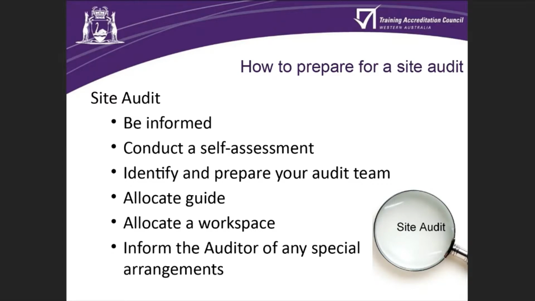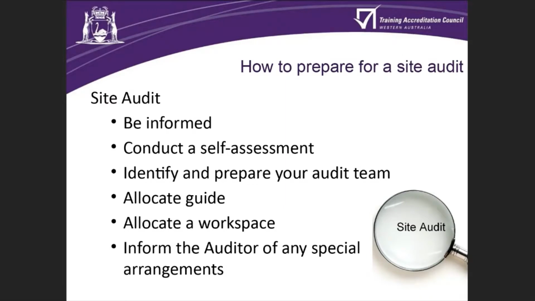Obviously, once a site audit has been scheduled, you need to decide on who you are going to get involved with that particular audit process. You need to identify the team that is going to help you run the audit. The first thing is to identify an individual who's going to be your point of contact with the auditor.